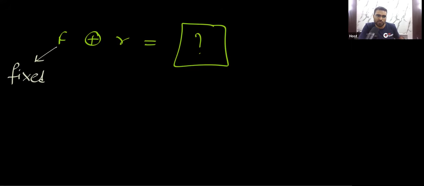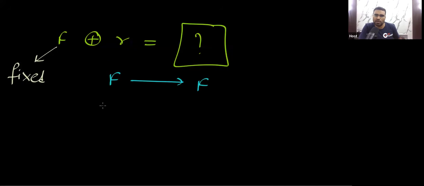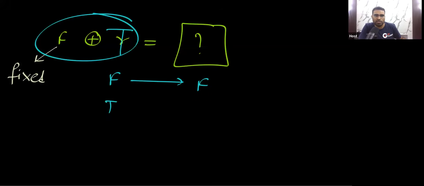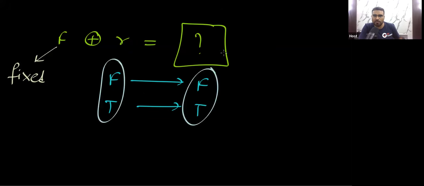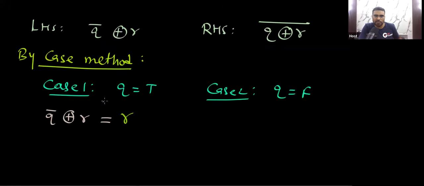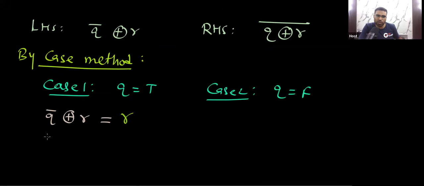If R is false, then false XOR false is false. And if R is true, then false XOR true will be true. So did you notice that in this box I'm writing R as it is? So when you put Q equal to true, this expression will become R. What about RHS?